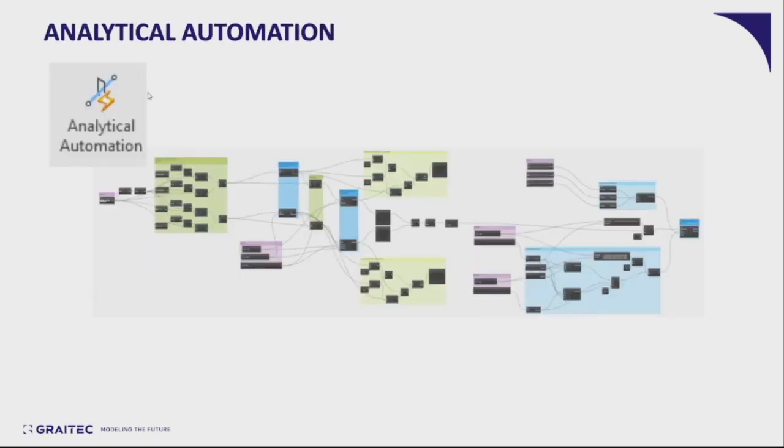Analytical automation is the functionality of Revit in order to create a physical model from an analytical one or vice versa. As we will see later on the demo, having one of those two, you can always create the other one in Revit, and this basically enables the synchronization between Revit and Advanced Design.